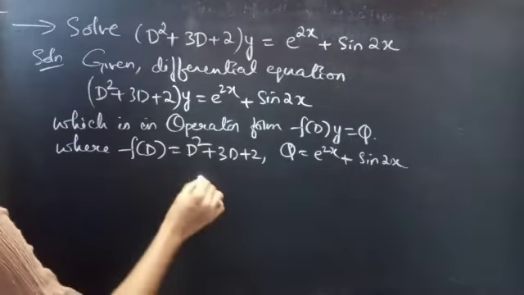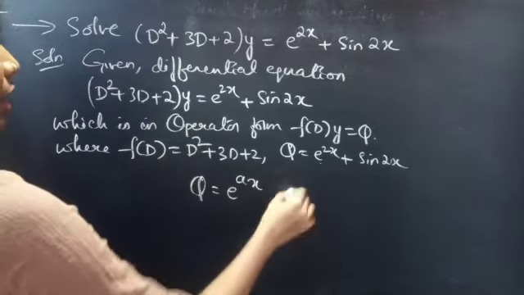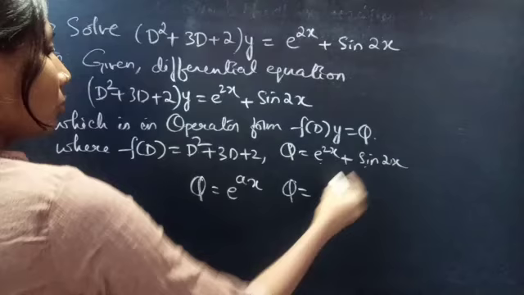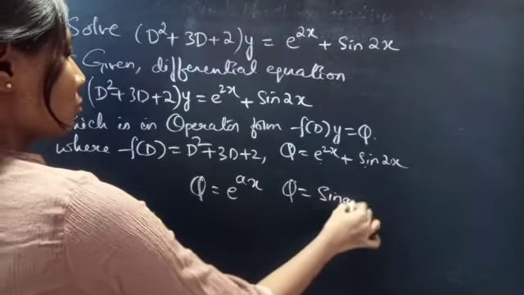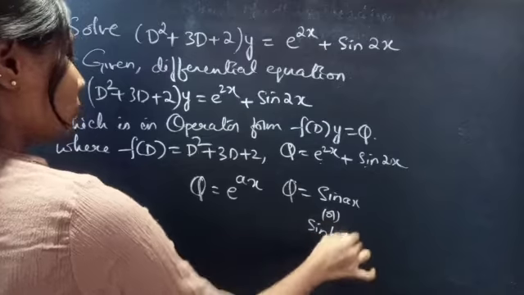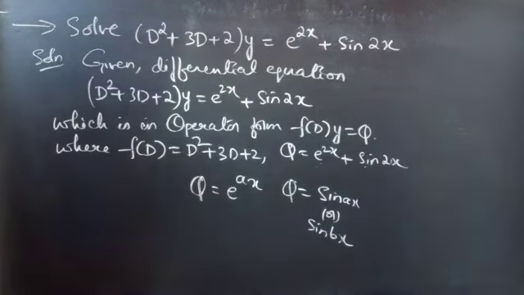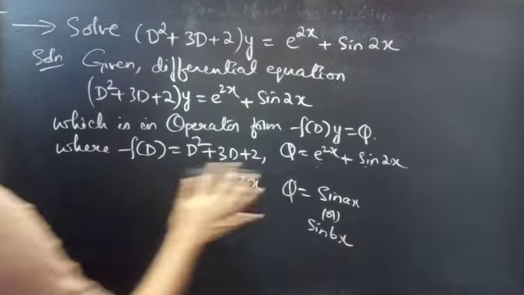So we are given a Q which is in e power ax form and also sine ax or sine bx form. One is in e power ax form and one is in sine ax or bx form.